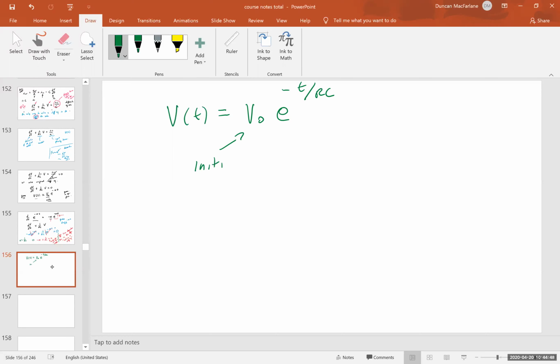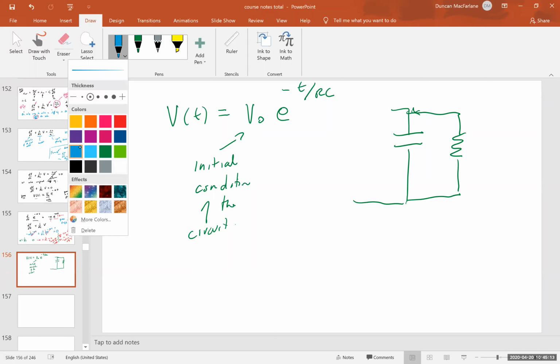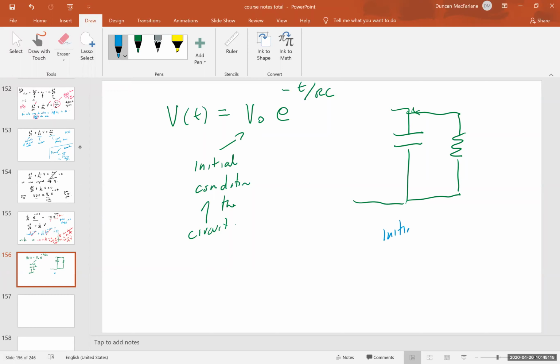So let's go back to the circuit and think physically about what's going on. There's an initial charge on the capacitor, charging it up to a voltage V naught.